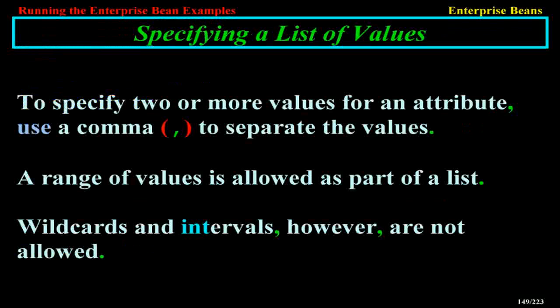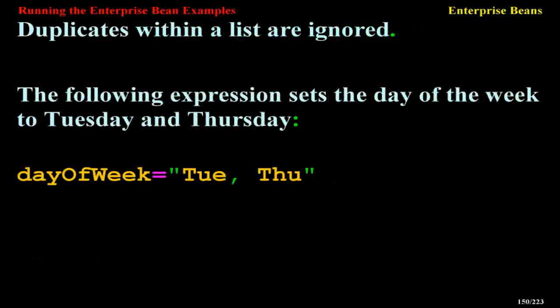Specifying a list of values. To specify 2 or more values for an attribute, use a comma to separate the values. A range of values is allowed as part of a list. Wildcards and intervals, however, are not allowed. Duplicates within a list are ignored. The following expression sets the day of the week to Tuesday and Thursday: day of week equals Tuesday, Thursday.